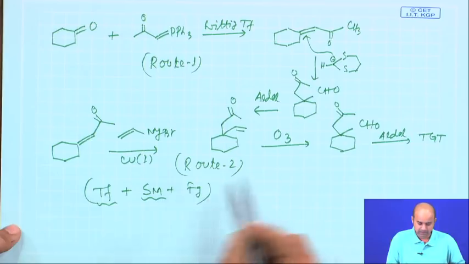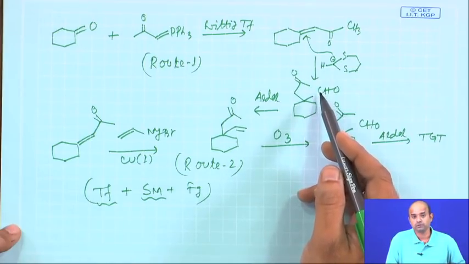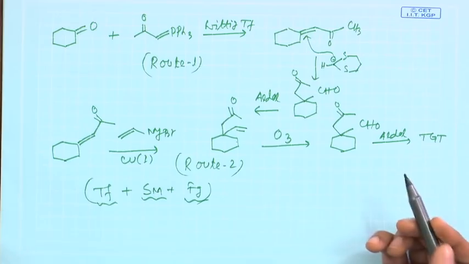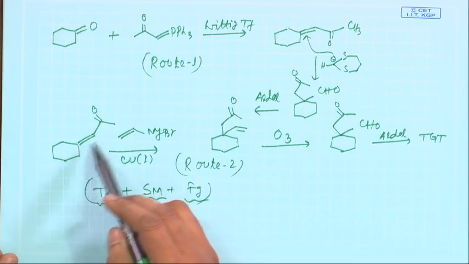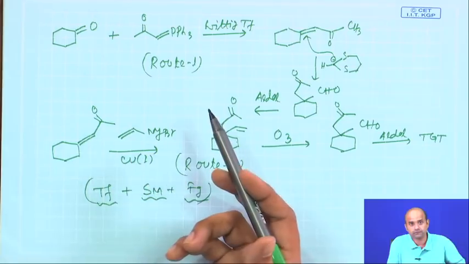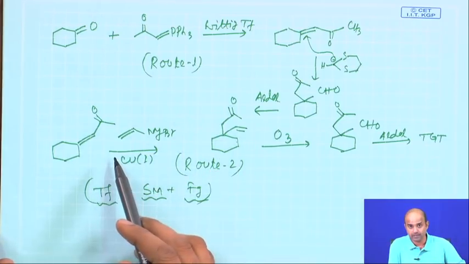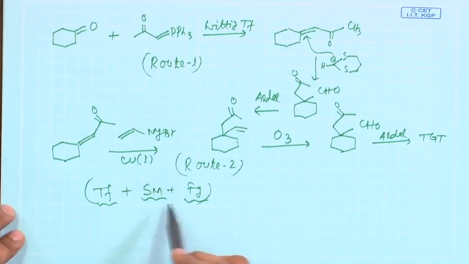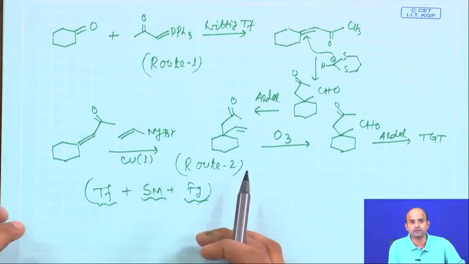Starting material: the cyclohexanone was given to you, so you design based on the reactions available to cyclohexanone to reach the target molecule. And functional group means if you have an alpha beta unsaturated ketone, which is very familiar for a Michael type of reaction. In that way you can choose your appropriate pathway. So, transformation, starting material, functional group, all are in action here.